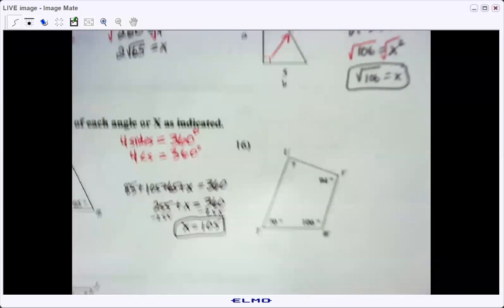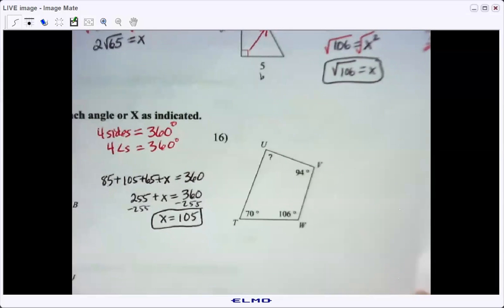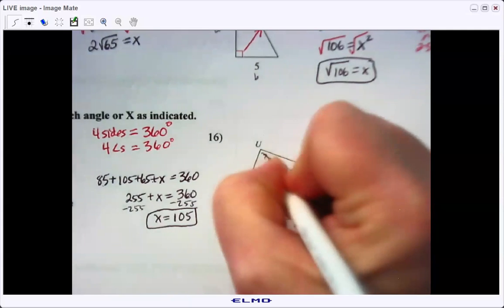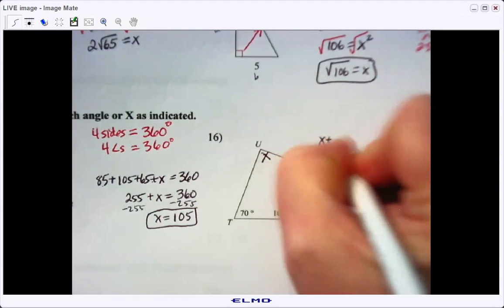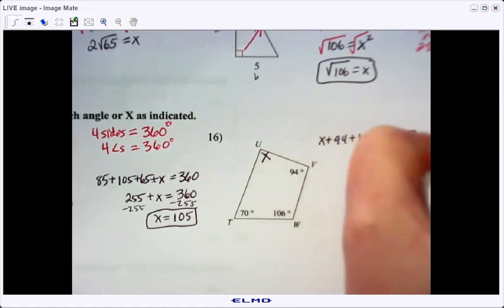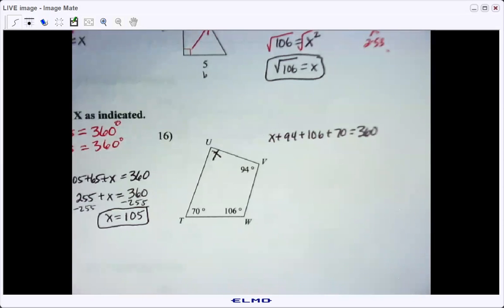Same idea. Four angles equal 360. Solve for X. Okay, good.